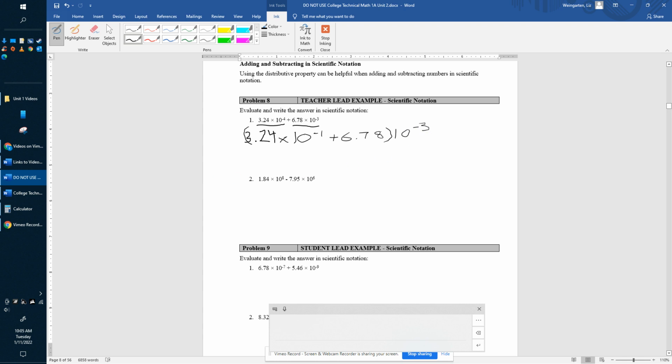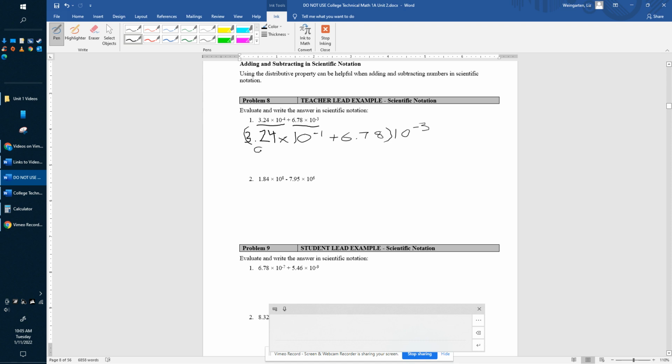Now let's evaluate the decimal version of 3.24 times 10 to the negative 1. 10 to the negative 1 implies that we are going to have to move the decimal place to the left one time.